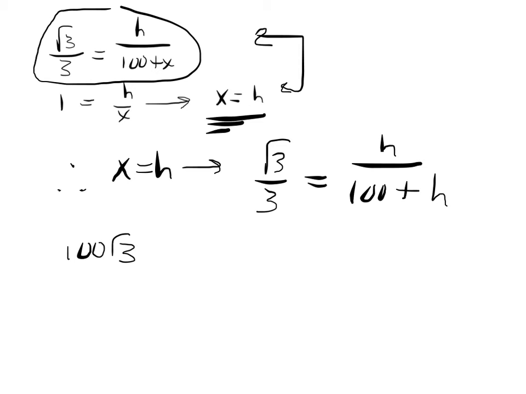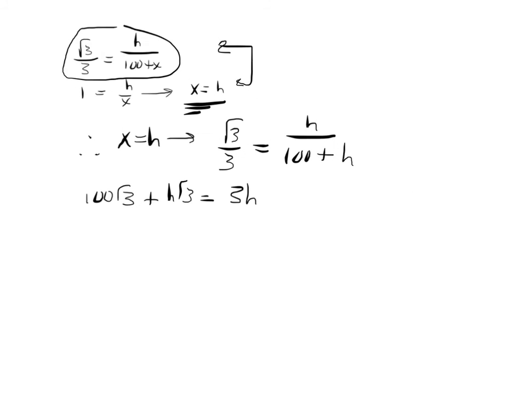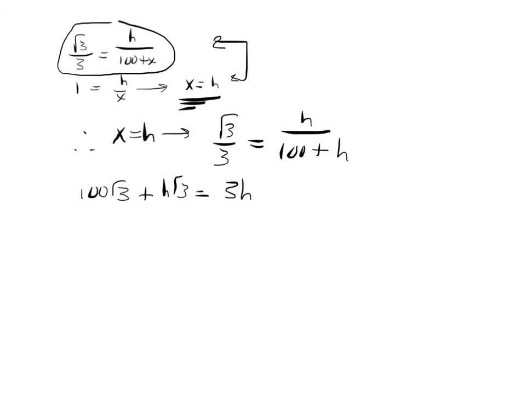If I do the means extremes product theorem, I get 100 root 3 plus h root 3 equals 3h. Get everything with h on one side, and then I get 100 root 3 equals 3h minus h root 3.